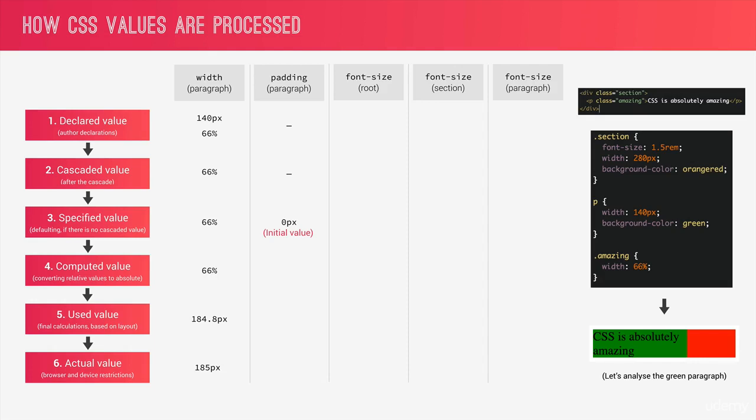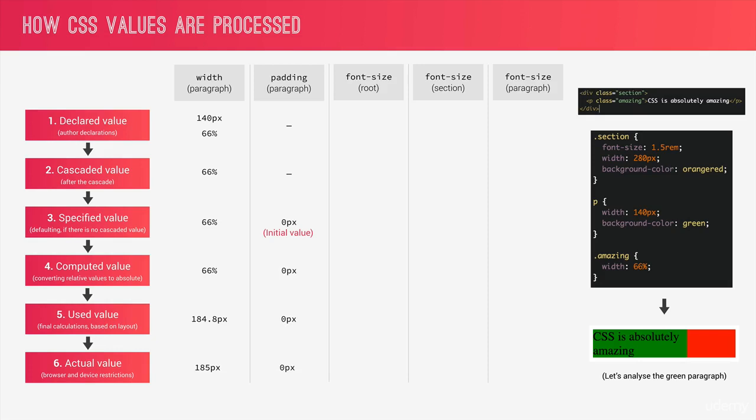Now, different properties have different initial values, of course, and for padding it's 0 pixels, which makes a ton of sense actually, because if we declare no padding, that should probably mean that we don't want any, right? And so it's 0. And that's it. There's no more calculations to do because it's already an absolute unit, and so the computed, used, and actual values are all just 0 pixels.